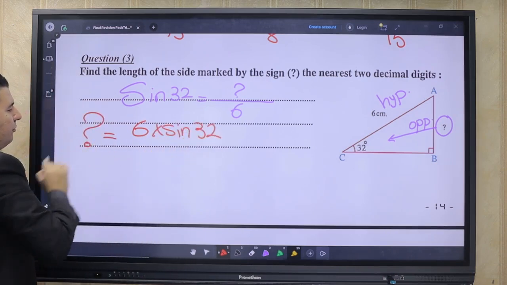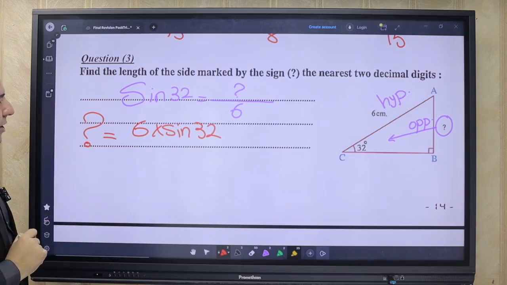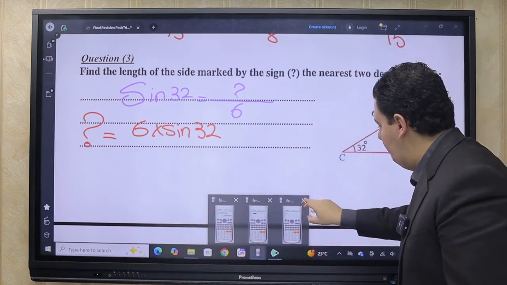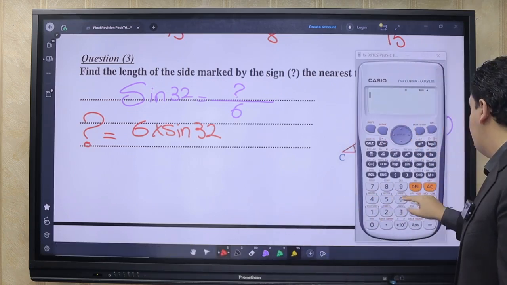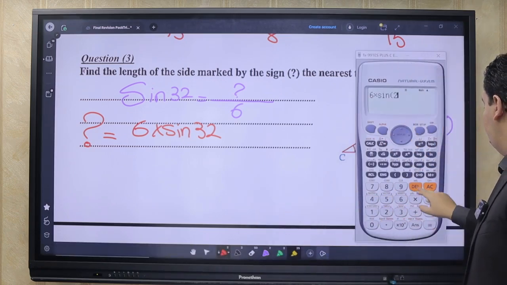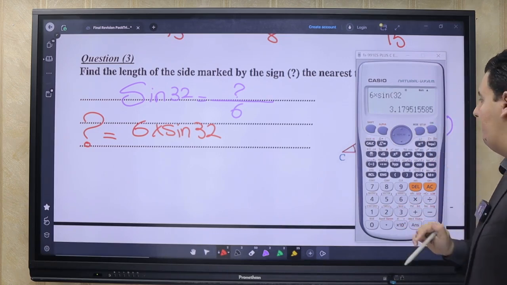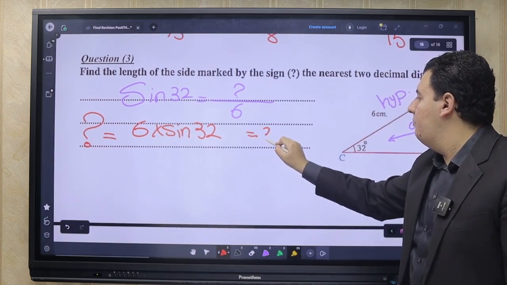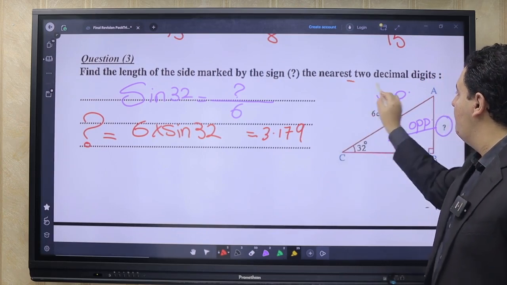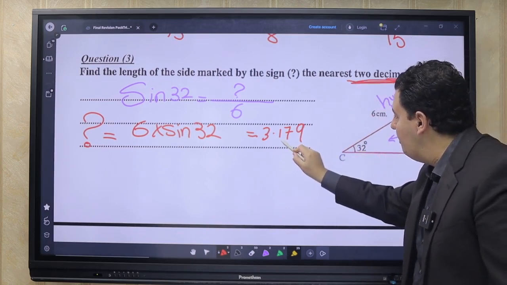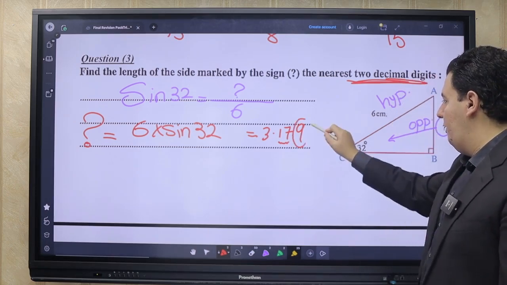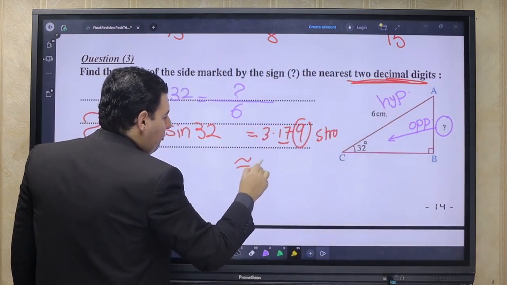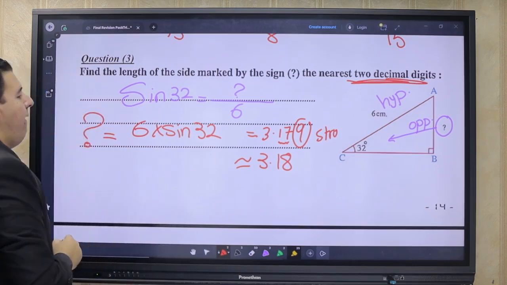This is the value of the question mark. 6 times sine 32 equals 3.179. I want to approximate to the nearest 2 decimal digits. The 2 decimal digits here are 1 and 7, but 9 is strong, so we will add 1 to 7, so it will be 3.18. Okay.